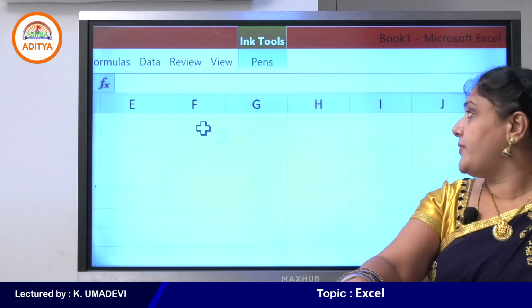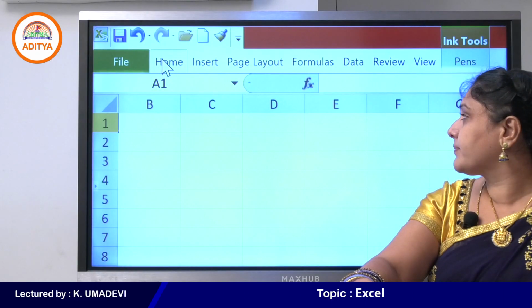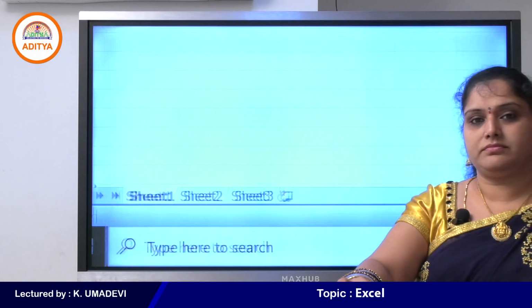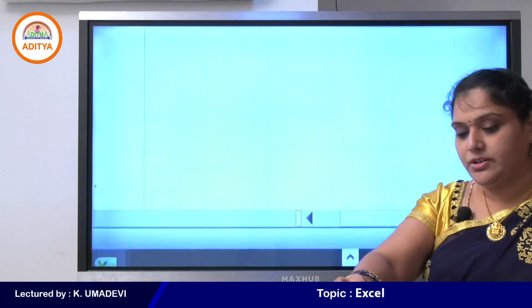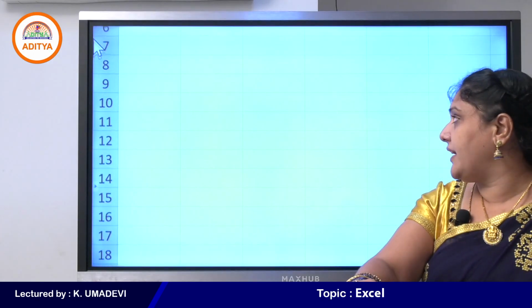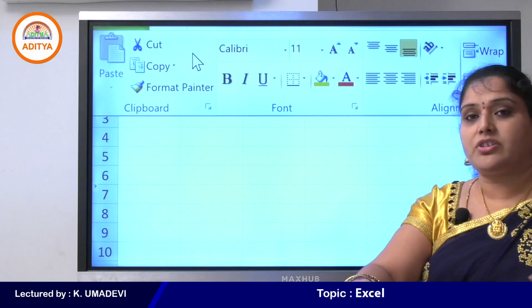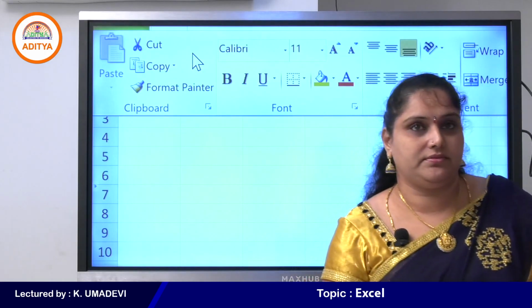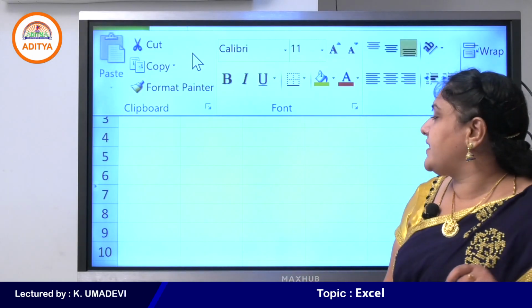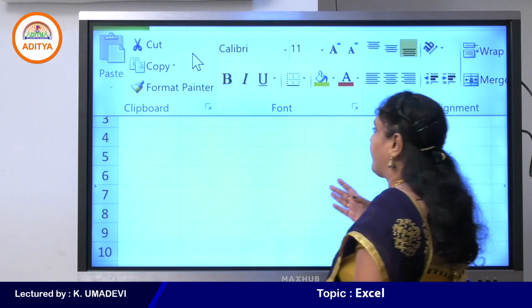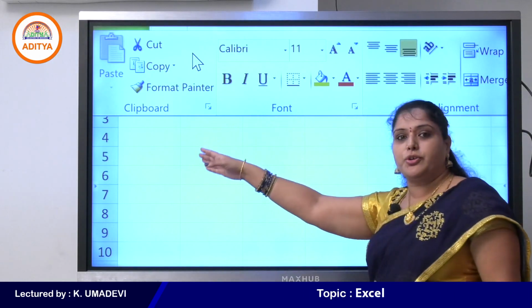Okay, so first one is home tab. What is the shortcut key for cut? Shortcut keys for cut, copy and paste, students. See, again the same commands, that is copy, cut, paste, format painter, that is clipboard group.